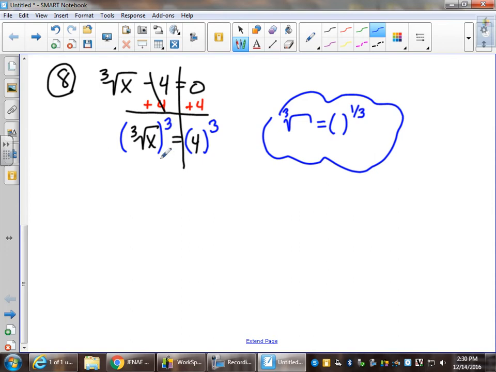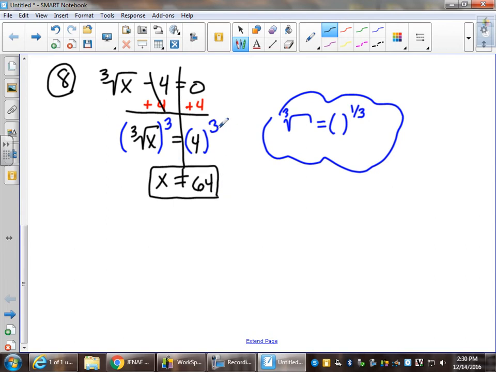So mentally, when you see third root, you have to visualize that you have this fraction, 1/3, which is why raising both sides to the third power will work. So, coming back to our problem, the third root and the third power cancel, leaving just x. 4 to the third is 64, and I'm done.